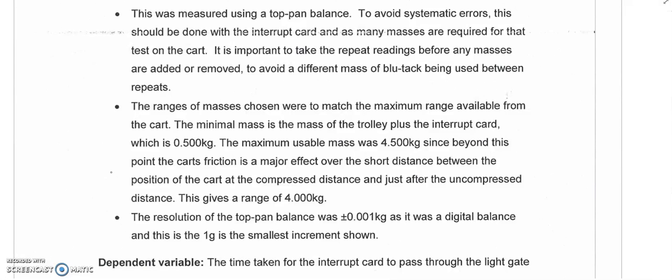So for an example where we might be dropping a ball over a certain distance onto a trapdoor switch, perhaps if the height is too small, it doesn't have enough momentum to close the trapdoor switch, and if the drop height is too high, it might be hitting terminal velocity. So you're not measuring the acceleration that you think you're measuring. So yes, what we do is we explain the range we're using, the maximum, the minimum.